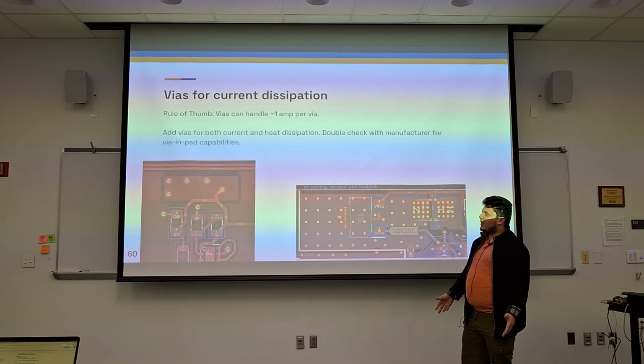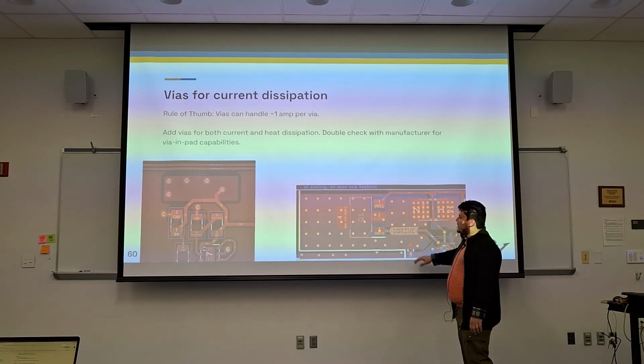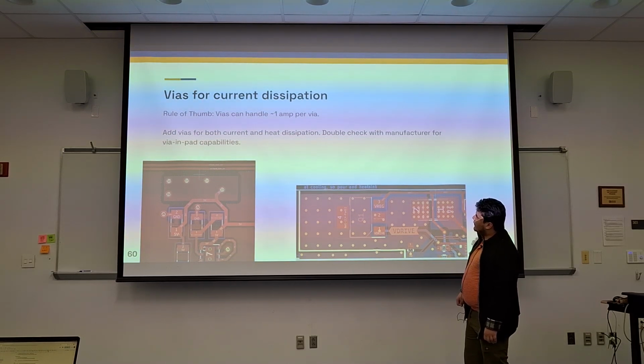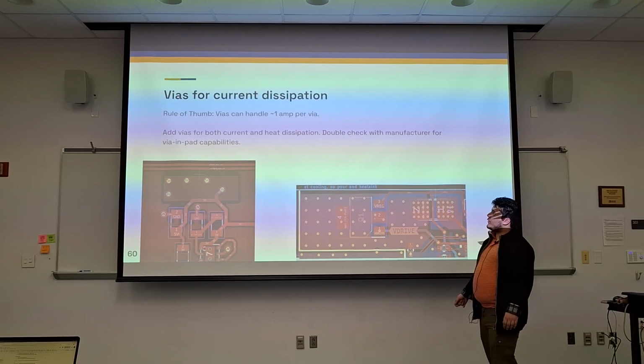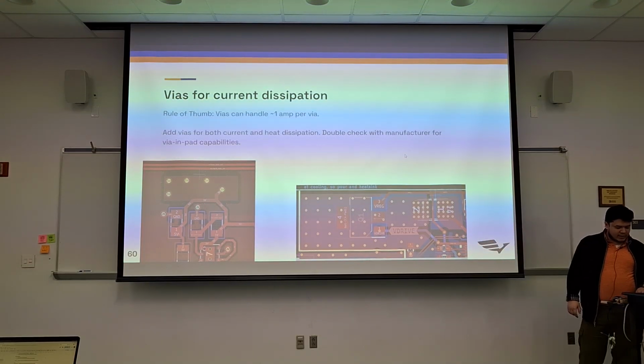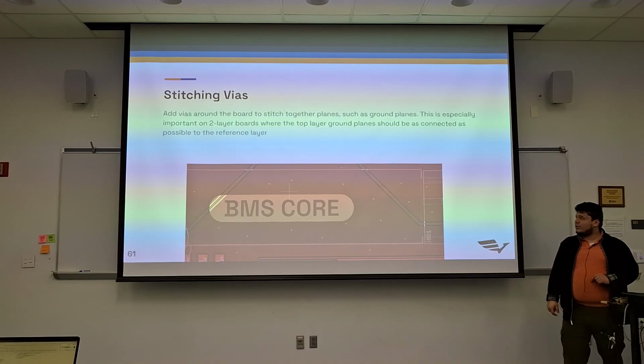If we're keeping everything under an amp, you almost never need more than a via. In this case, since we need a lot of heat dissipation, that's why there's a bunch of vias, I would assume. But if you are using high power, do consider roughly one via for every amp, and that should be more than safe.